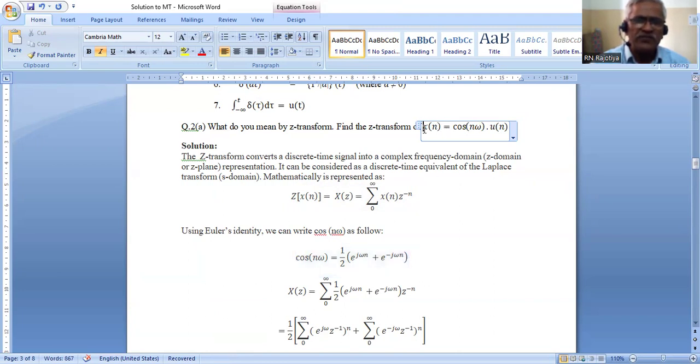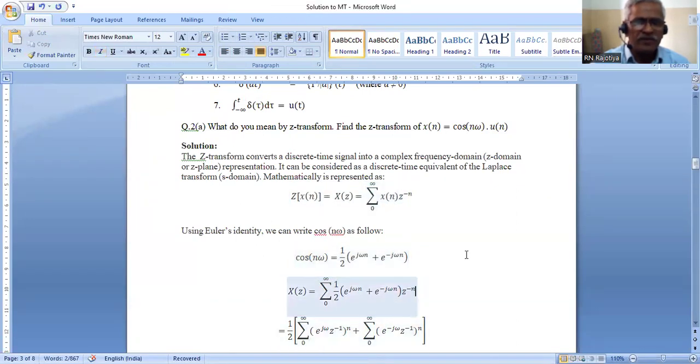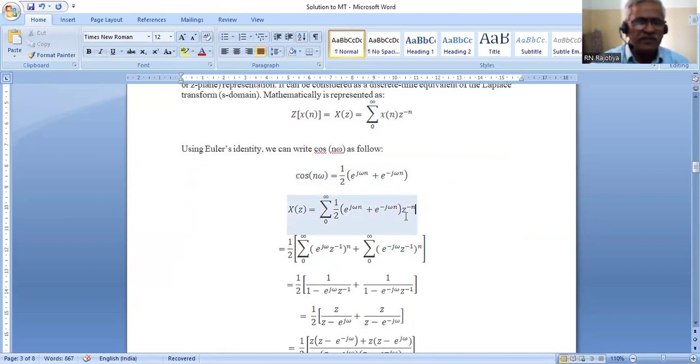Therefore, the Z transform can be written as the summation of (1/2)(e^(jωn) + e^(-jωn)) · z^(-n). Now you can expand this and separate the terms.